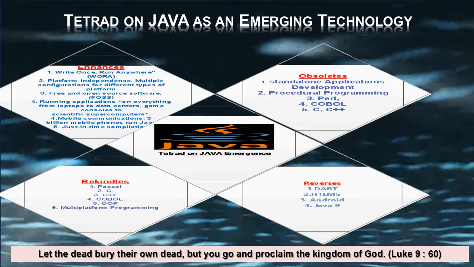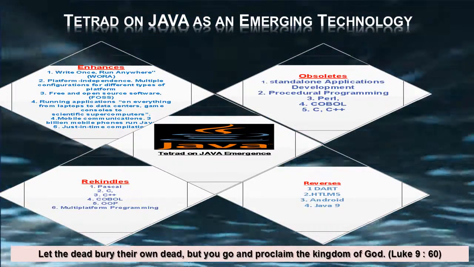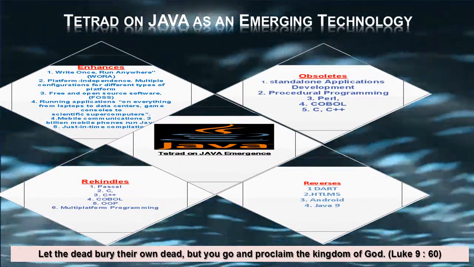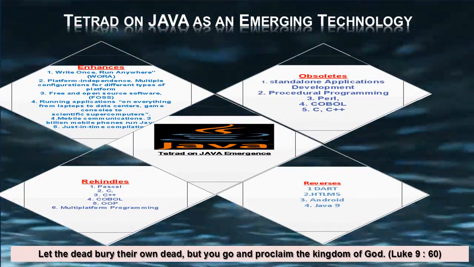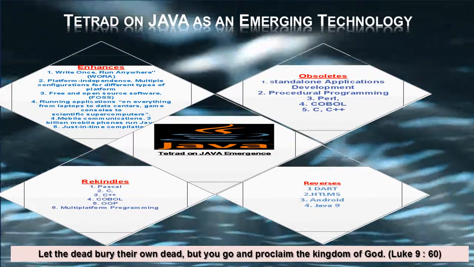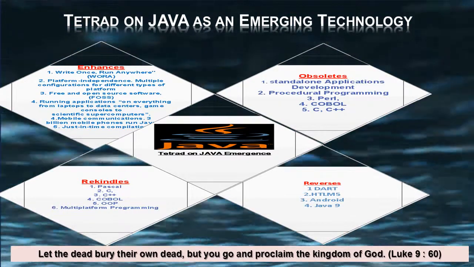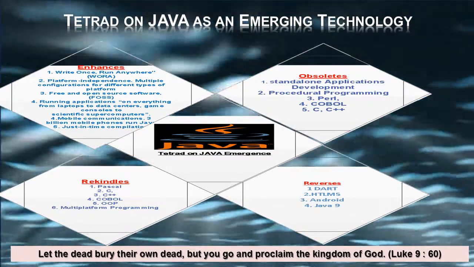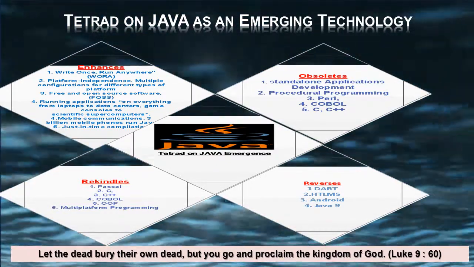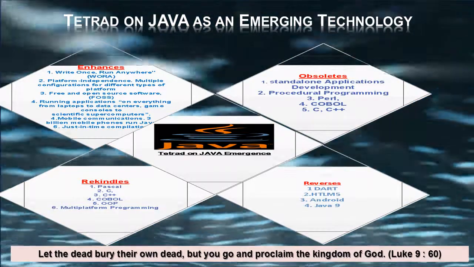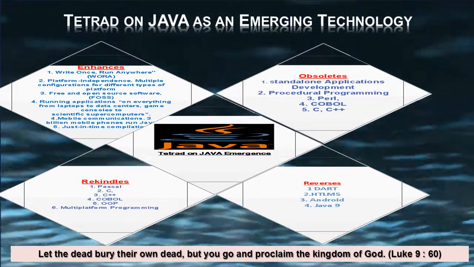On this Tetrad, in quadrant 1, we find that Java enhanced write once, run everywhere. Regardless if you're using the Samsung phone, the iPhone, or any other products, the ubiquitousness of technology usage is write once, run everywhere.